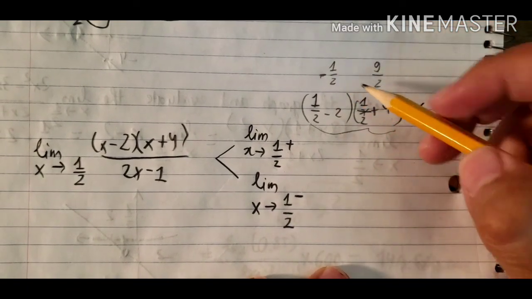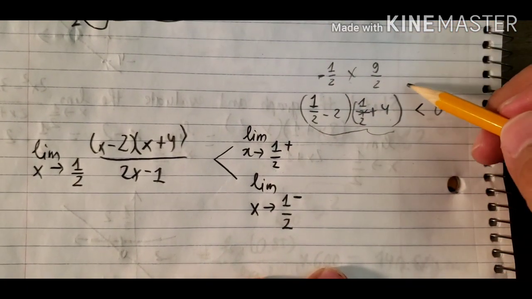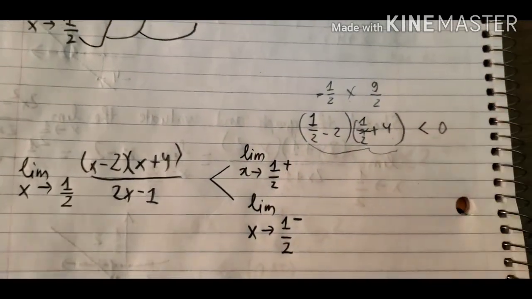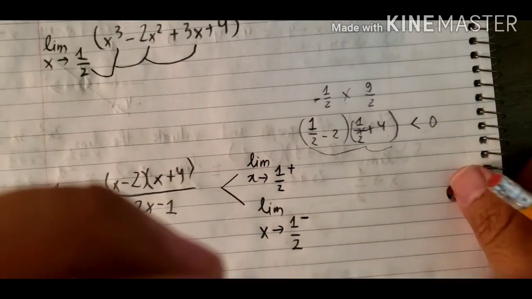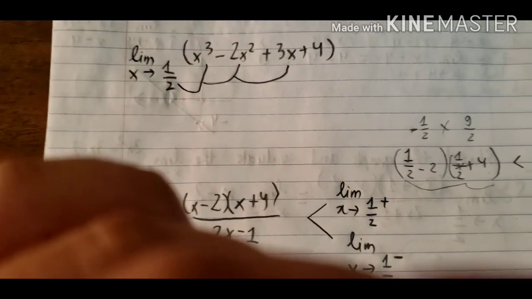So those two numbers multiply together, they get a negative number.